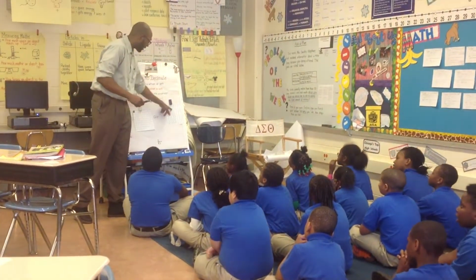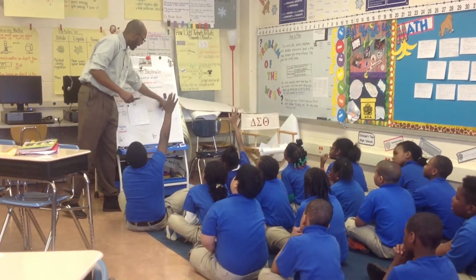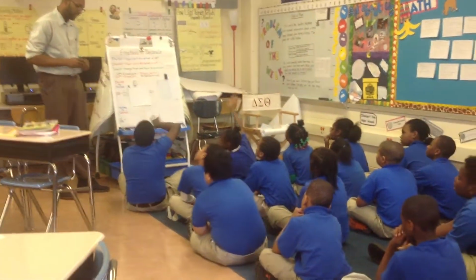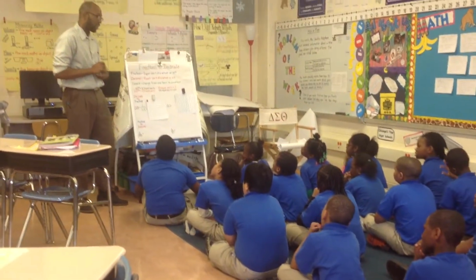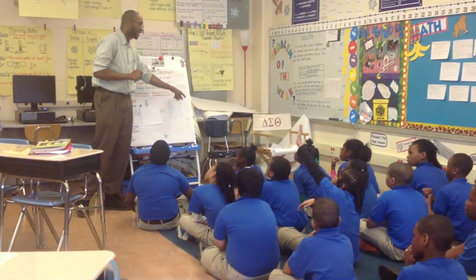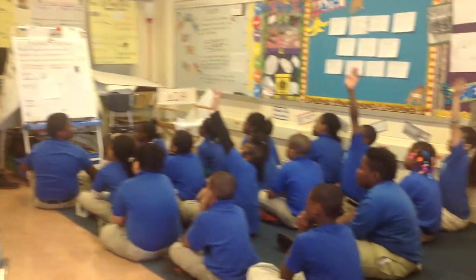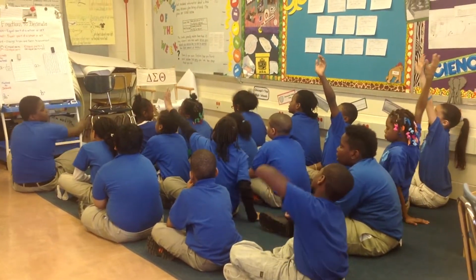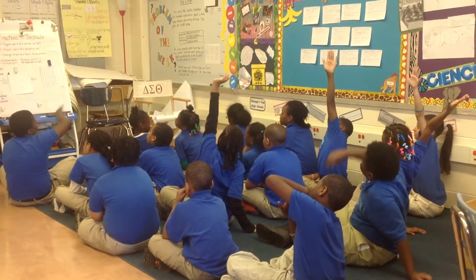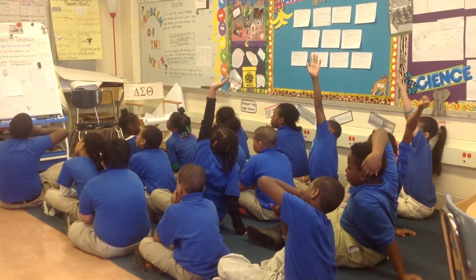So if we're going to write this as a fraction now, how would we go about doing that, Antonio? Supposed to put 7 as the numerator and 10 as the denominator? Why would we put 7 as the numerator and 10 as the denominator, Alicia?